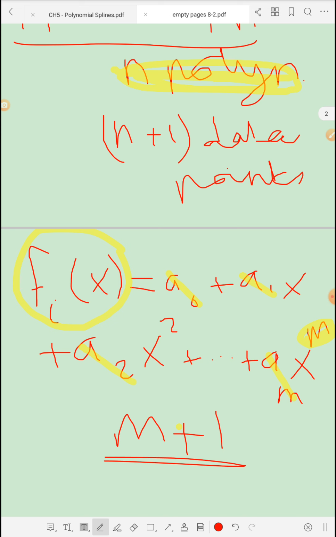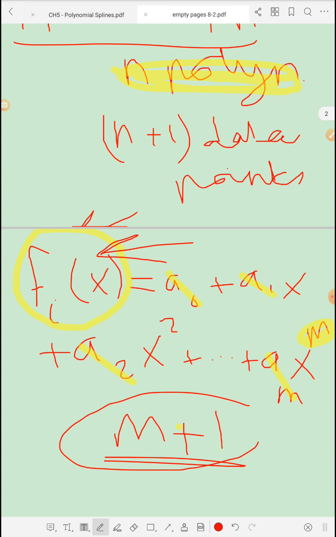This polynomial is an mth order polynomial, and it contains the coefficients from a0 till am. So what's the number of unknown coefficients? They are m plus 1. So we have n polynomials, and each one of them has m plus 1 unknowns.